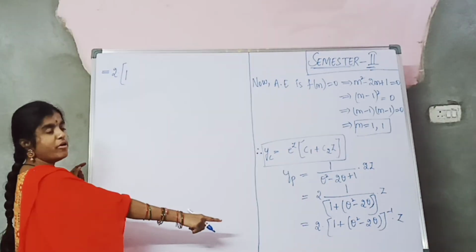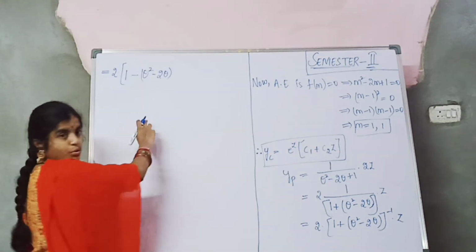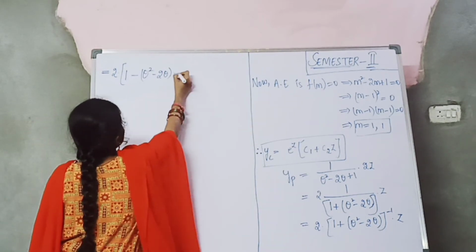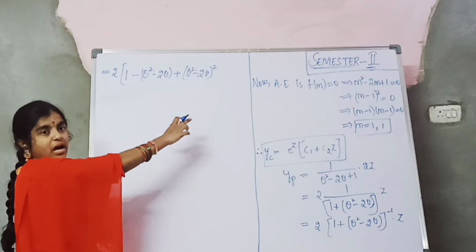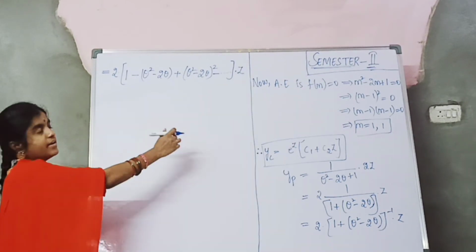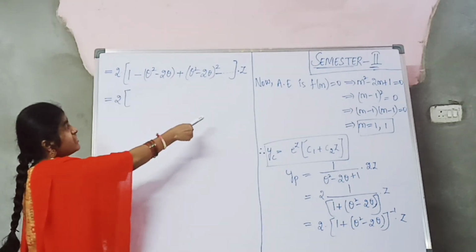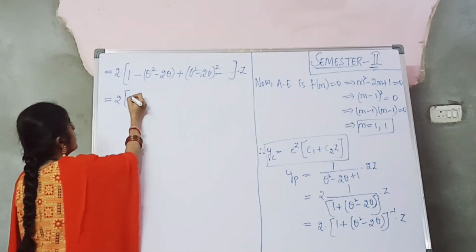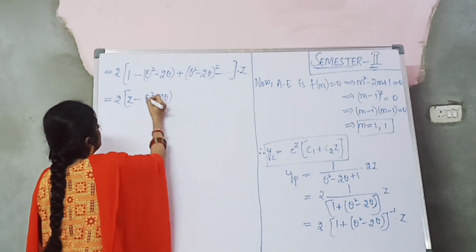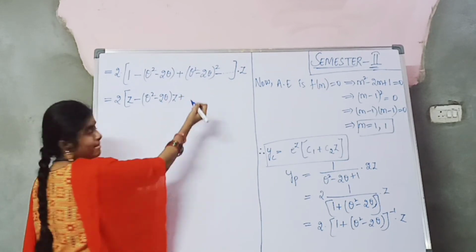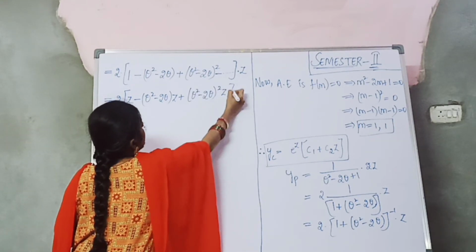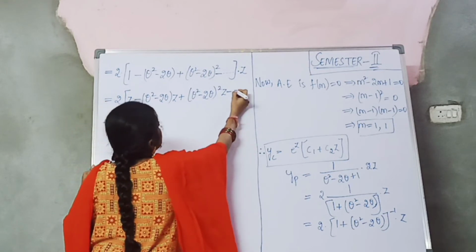It is in the form of the binomial theorem, so it can be written as 2 into (1 − (θ² − 2θ) + (θ² − 2θ)² − and so on) into z. Now we multiply with this z: z − (θ² − 2θ)z + (θ² − 2θ)²z − and so on.